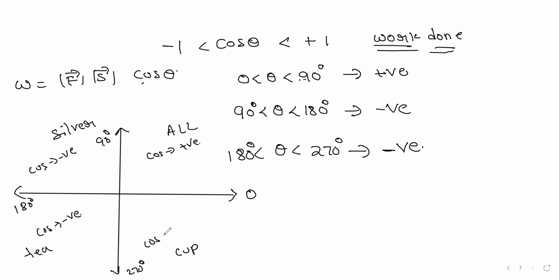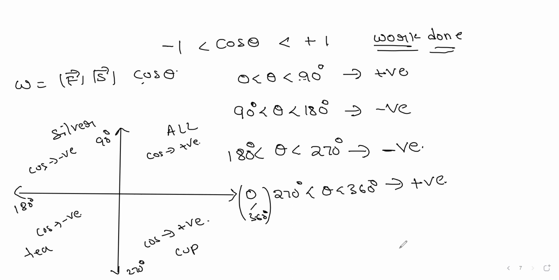In cups, cos is positive. So when theta is between 270 degrees and 360 degrees, where 0 can be written as 360, work done is positive.